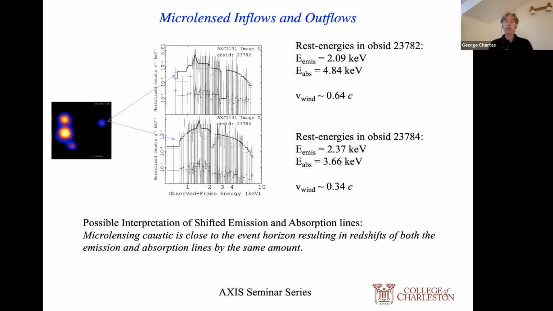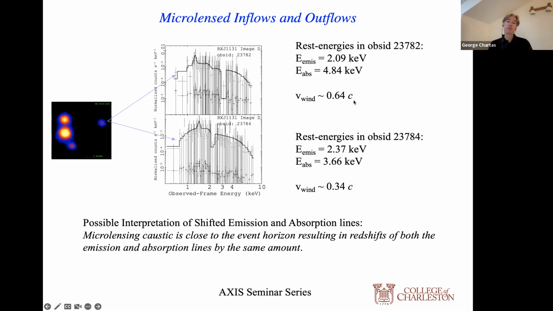Based on that interpretation, if we assume that both the absorption feature and the emission feature are shifted by the same amount, we can estimate the outflow velocity of this wind. We determined for the first observation, where the emission line is shifted to close to 2 keV, which is very close to the event horizon as I mentioned earlier, that the wind velocity is about 0.6c.